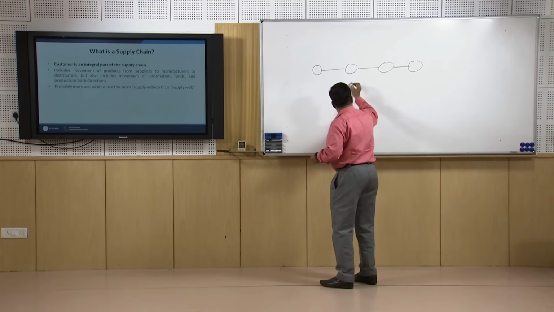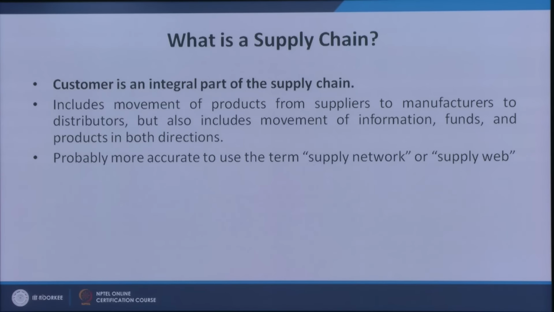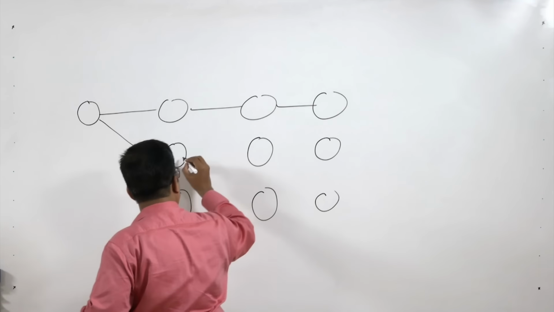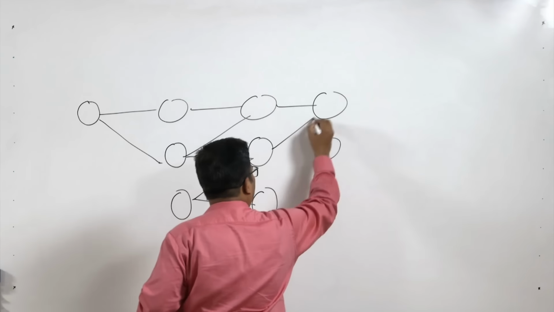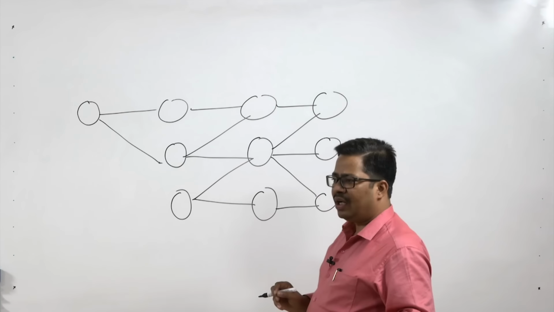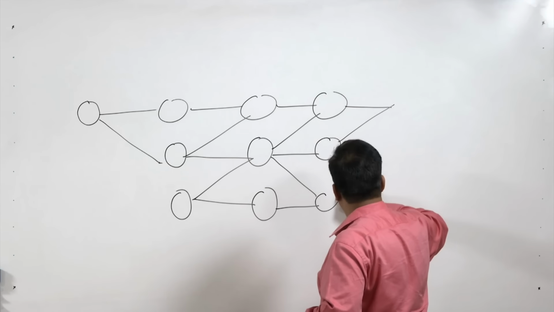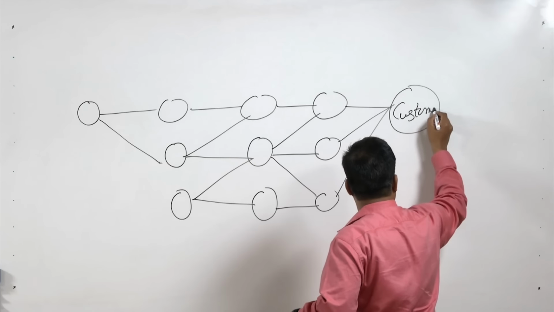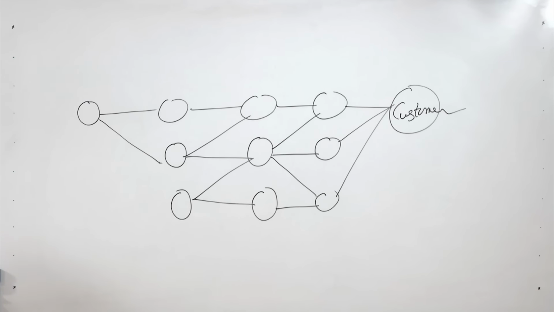You have many important players at each of these locations, and there may be a crisscross at each of these stations, and therefore it is more appropriate to say that supply chain is now becoming a supply network or supply wave.